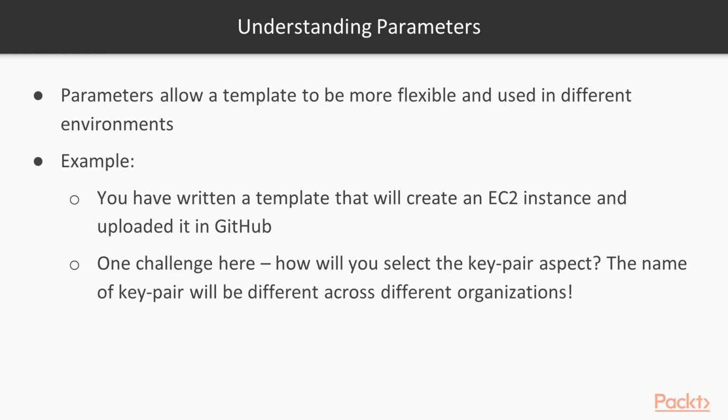In such scenarios, hard coding the key pair name within the template is not the right solution, because if someone else runs that template, the EC2 instance will be created with the hard coded key pair name. So you need the user to manually specify which key pair he needs while the EC2 instance is created, and that manual specification is done with the help of parameters.